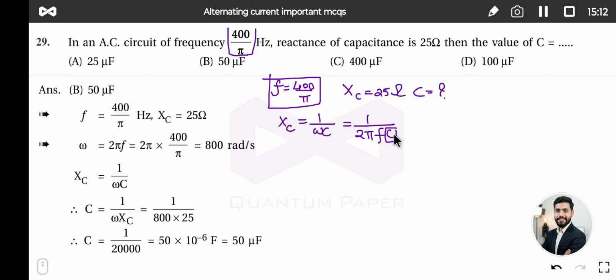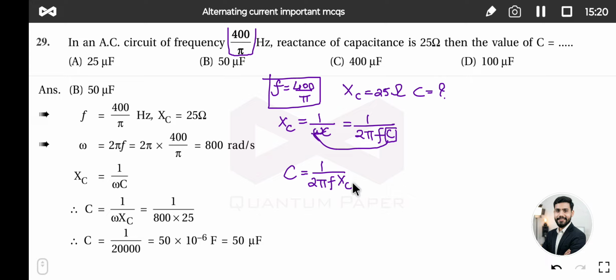So if we rearrange, C is equal to 1 upon 2 pi f into XC. If we substitute the values, 1 upon 2 pi into the f value, which is 400 upon pi, into XC, which is 25. Pi and pi get cancelled. 2 times 25 is 50.